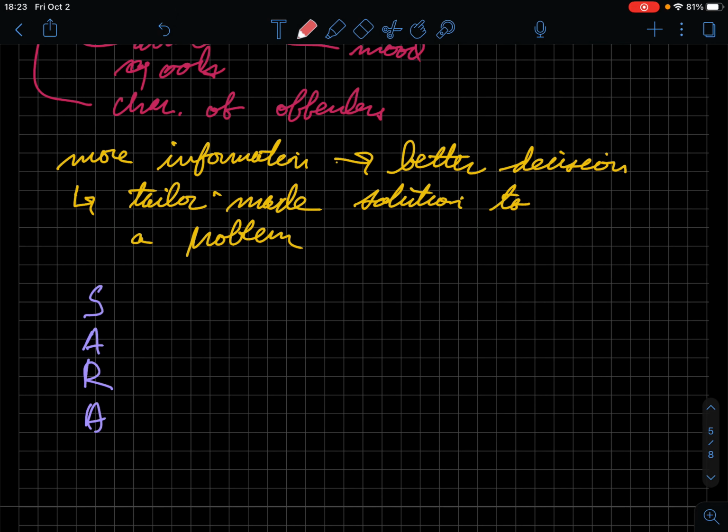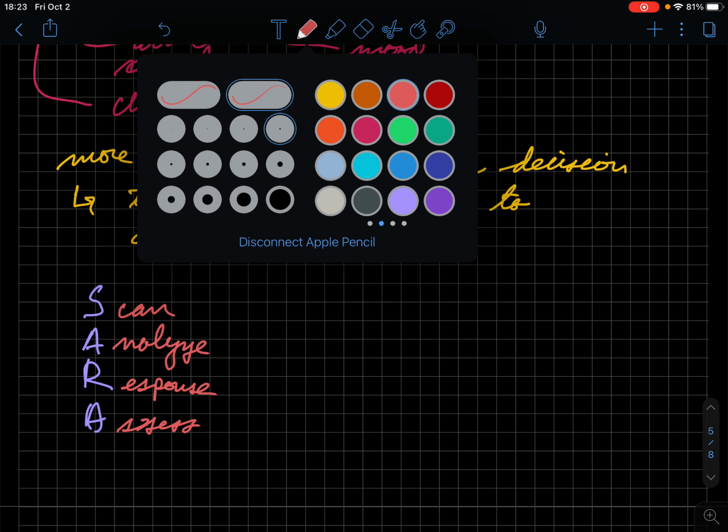What this asks enforcement officers to do is to scan. We look to analyze. You create a response, and then you assess how you did.